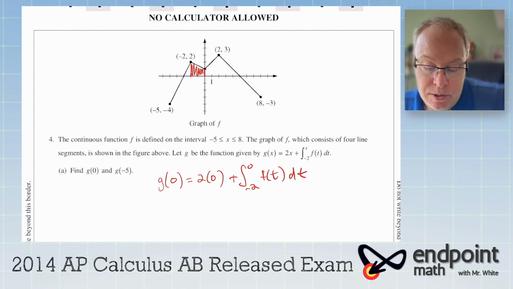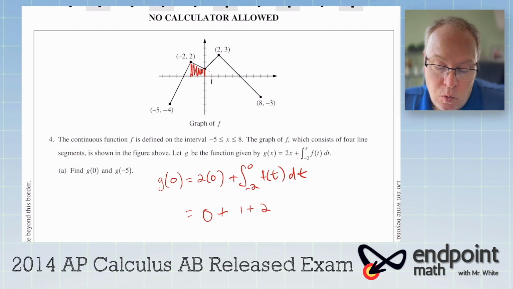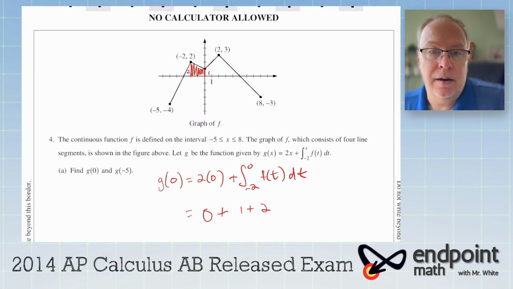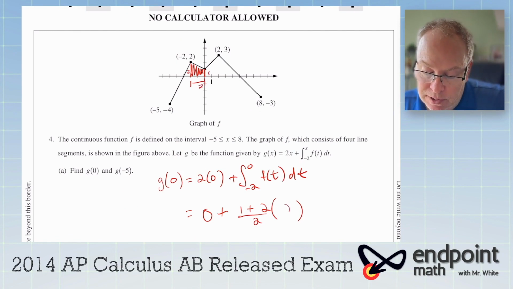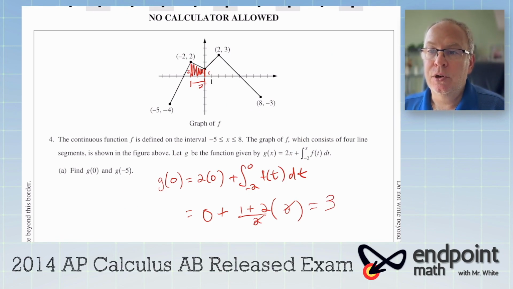So that is a trapezoid. So trapezoids, you do base 1 plus base 2, and that's 2, right? This is 1 high, this is 2 high there. All divided by 2 times the height of this thing, which is 2. So that's the way I would do it personally. These 2's cancel, and you end up with 3.